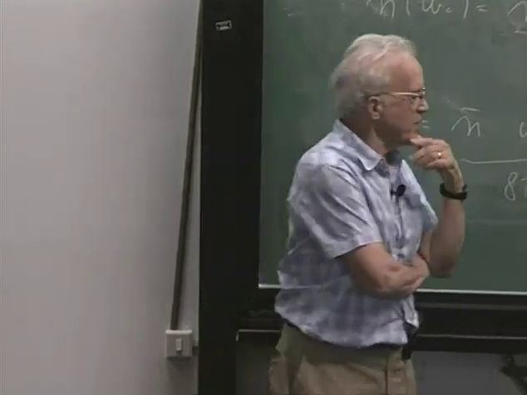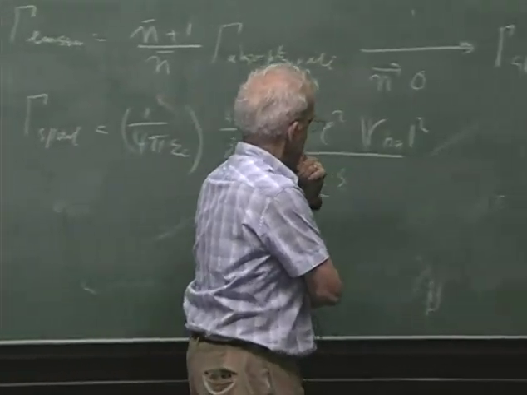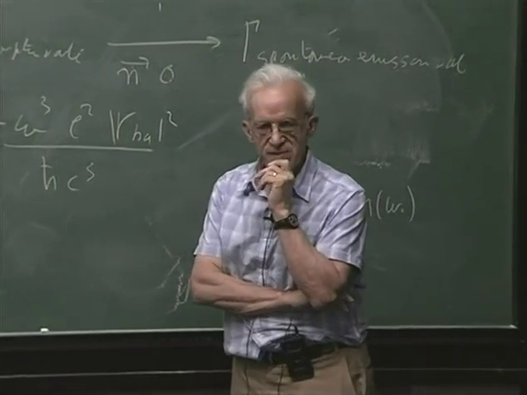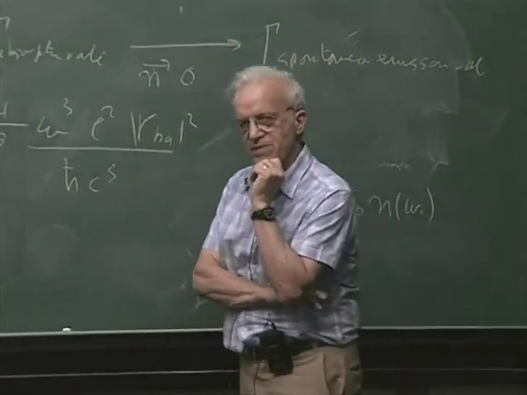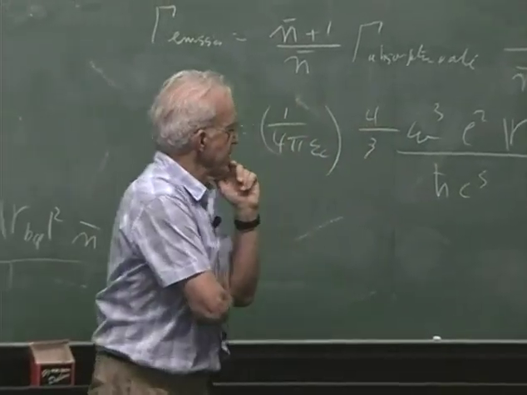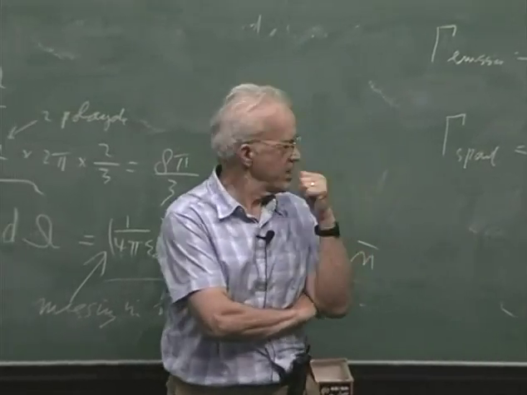Now, what I want to do is to argue that this is a very small rate. Okay? It's a very weak rate. If it were a strong rate, life wouldn't be at all like it is right now. It's not apparent at all because of the units that we have over here.